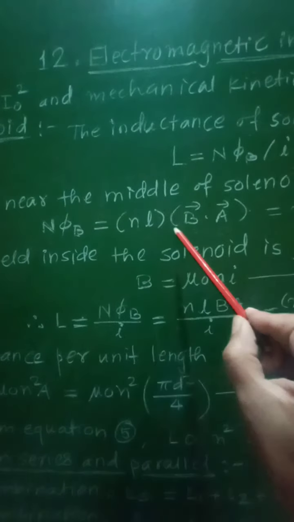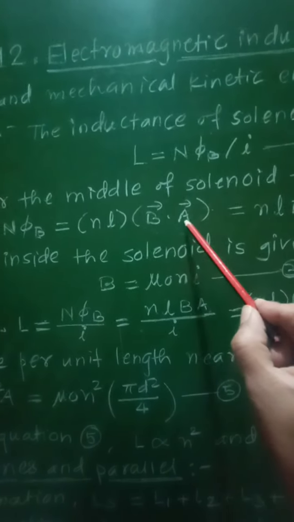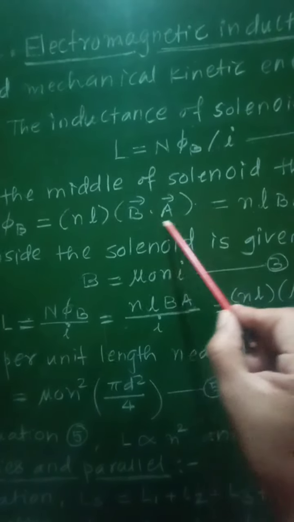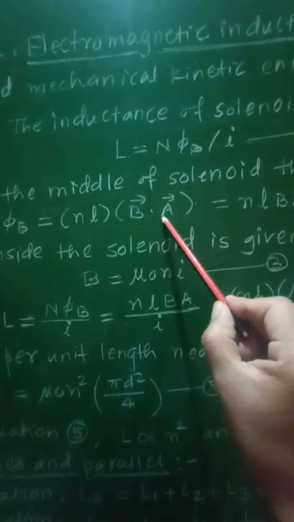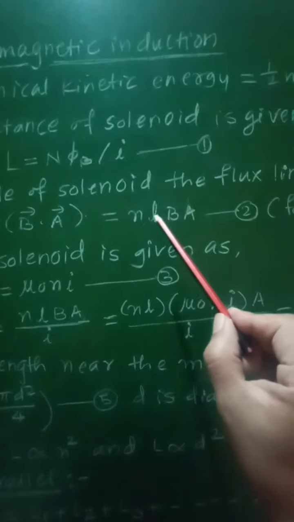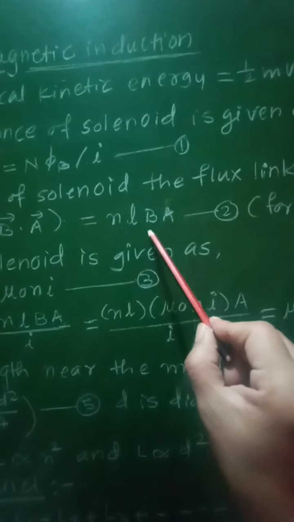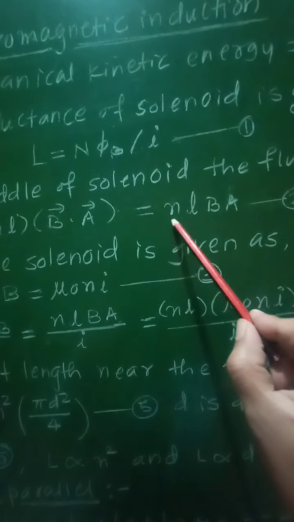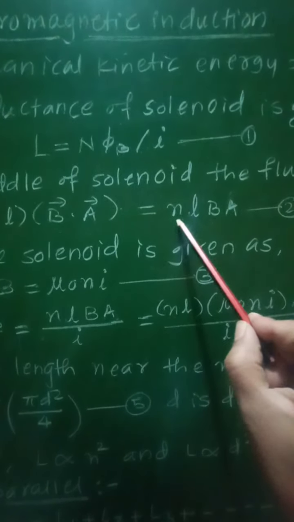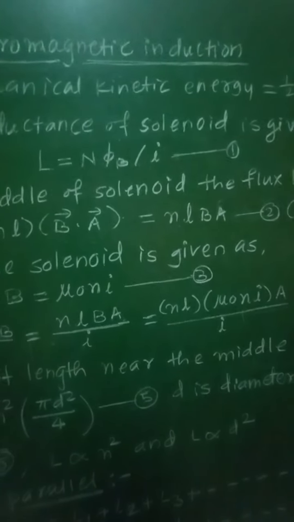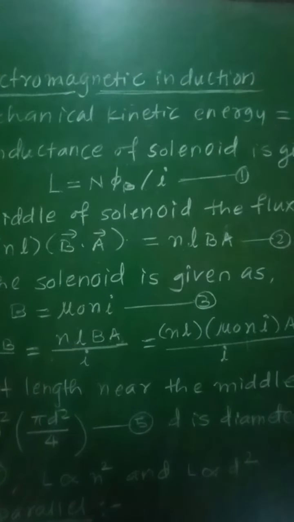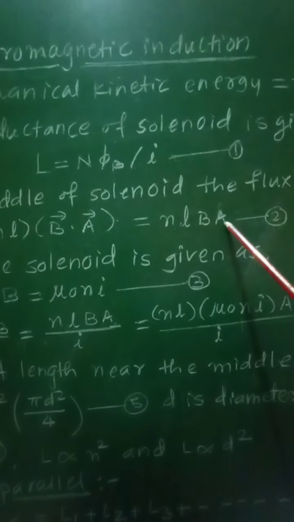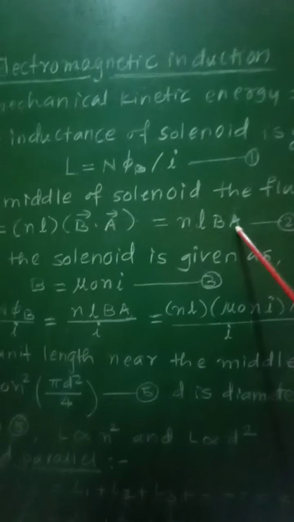Its value will be BA cos theta, but here theta is equal to 0, so cos theta is equal to 1, and therefore we get N phi B equal to n l into BA, equation number 2. In this case, small n represents the number of turns per unit length of the solenoid, B represents the magnetic field, and A is the area of cross section of that solenoid.